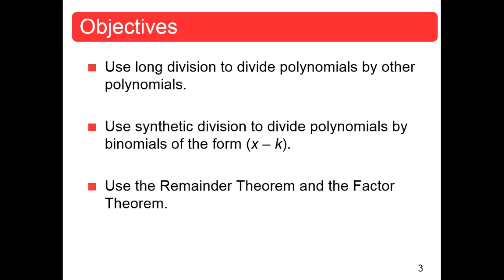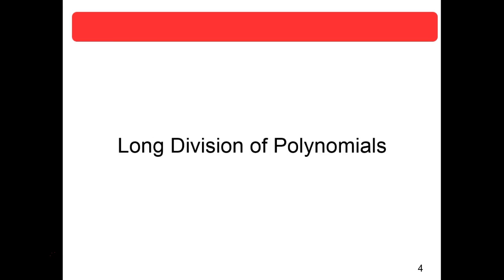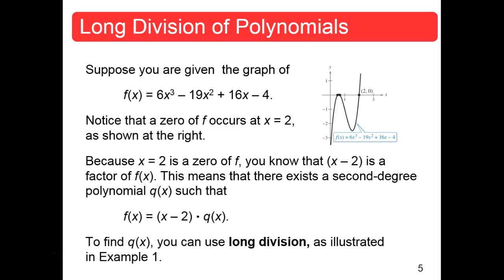We're going to use long division, that's what we usually call it, not polynomial division, to divide polynomials by other polynomials. We'll use synthetic division to divide polynomials by certain binomials of the form x minus k. And then we'll use the remainder theorem and the factor theorem to give us all sorts of good information. Okay? So let's first do the long division of polynomials.